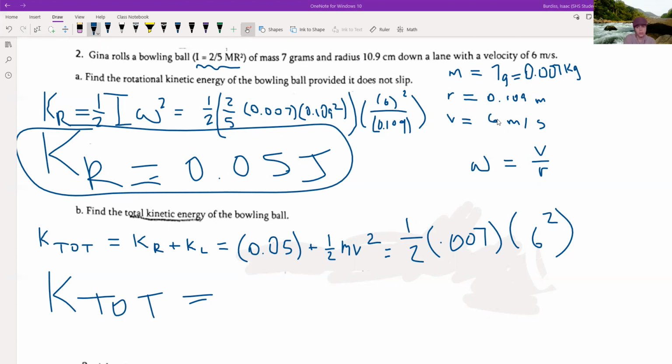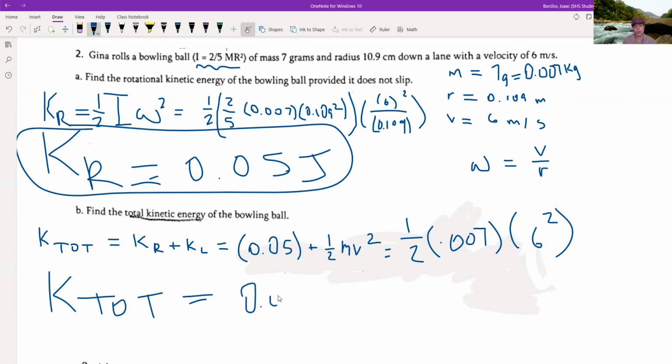Okay. Squared times 0.5 times 36 plus 0.05 equals, well, what do you know? 0.05.